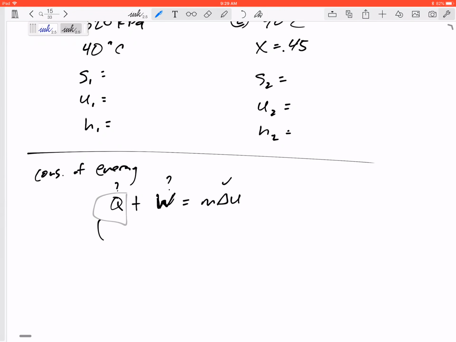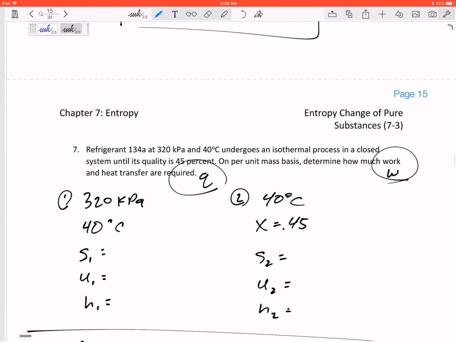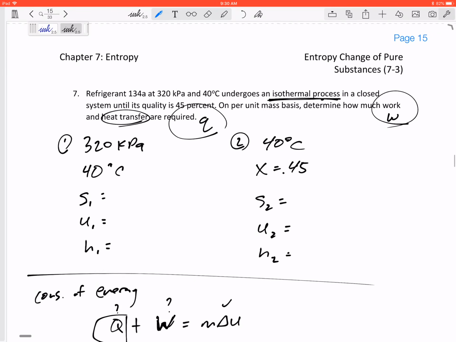All right, let's think about heat transfer in an isothermal process.